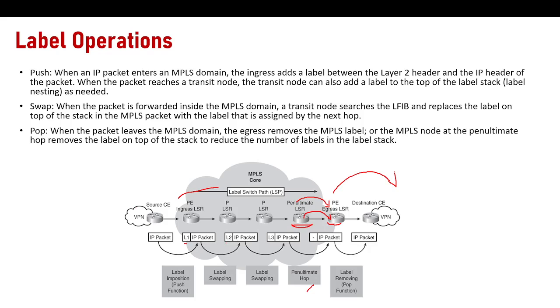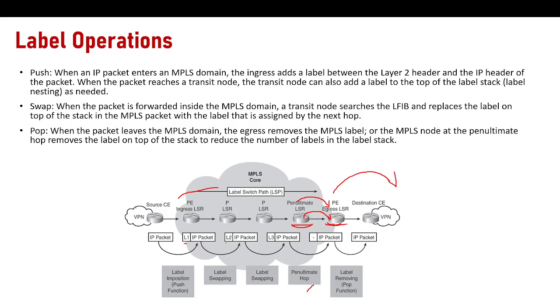As we've mentioned, this is just a mechanism to try and reduce the pressure on the end device, the egress LSR. Maybe this is a low-end device. If this device receives this packet, it has to perform two actions. The first action is to remove the label that came in from the penultimate LSR.